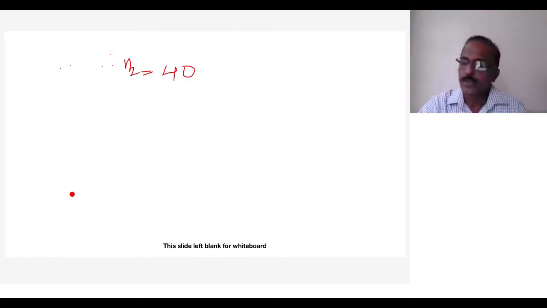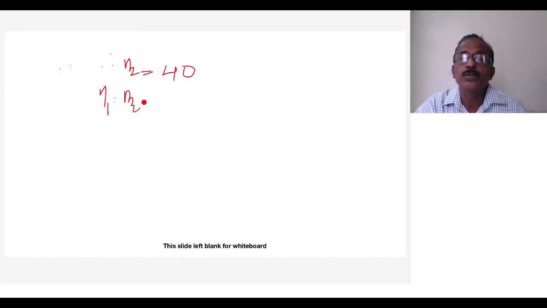Then n1 is to n2 is equal to 40 is to 60.